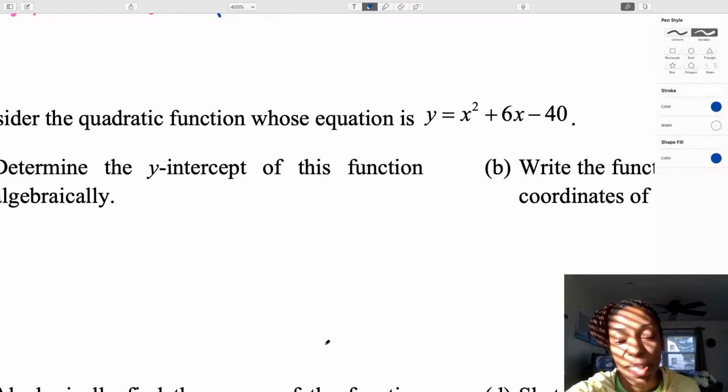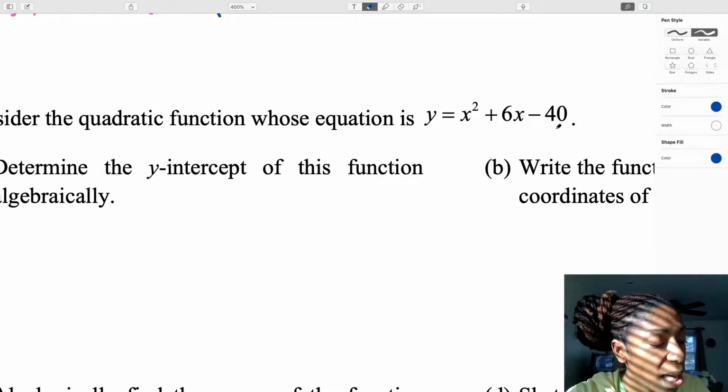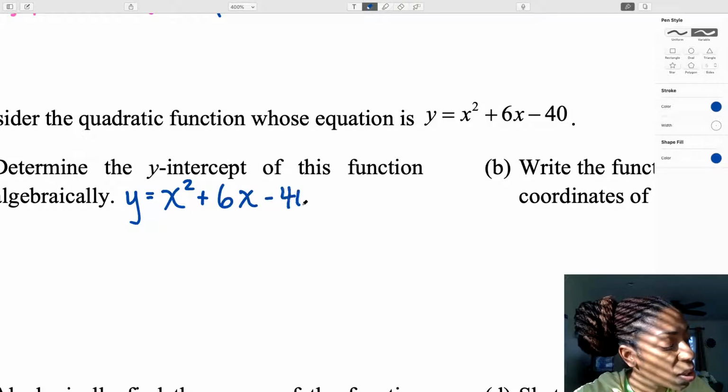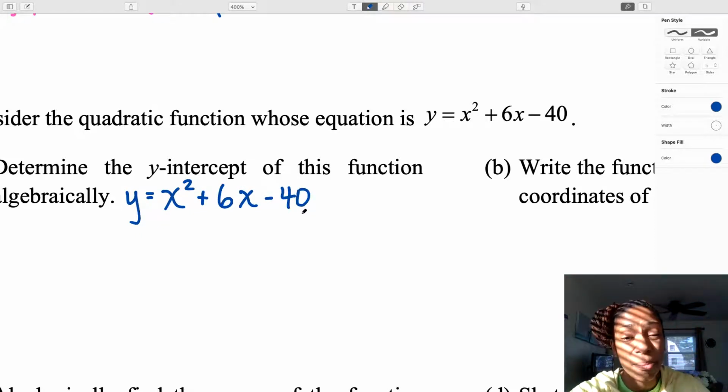The y-intercept is always the constant. But why is that? Because the y-intercept is when x equals 0. So if you substitute x equals 0 into the function, the only term that's not being multiplied by x is the negative 40, the constant.